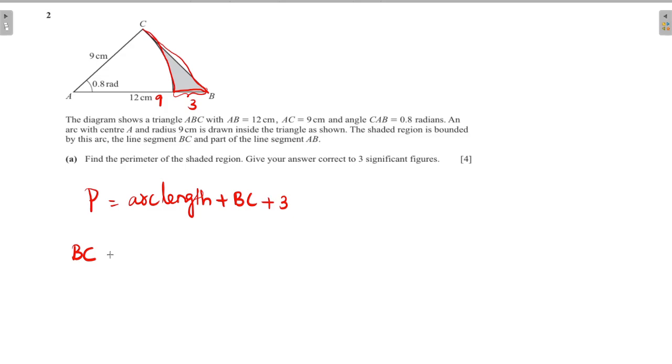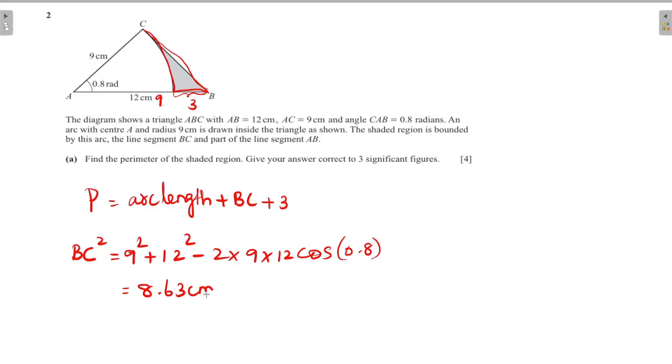By using the cosine rule, BC square equal to 9 square plus 12 square minus 2 times 9 times 12 cos 0.8, the angle in radians. By using the calculator, BC is 8.63 centimeter.